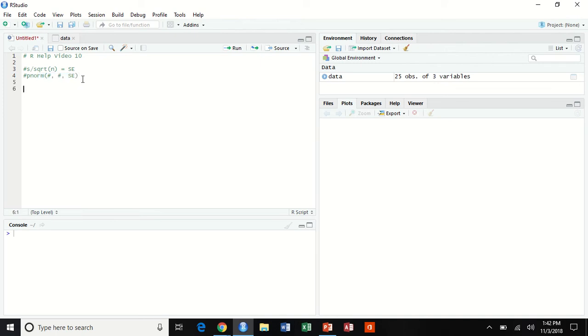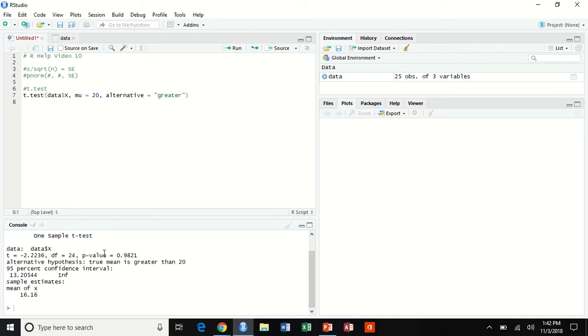So next thing, t-test. To do this, you're going to do t.test. You're going to do data, a column. You're going to set a mean equal to something. And then you'll need alternative equals, and there are several things you can put in. It gives you back t, degrees of freedom, your p-value, and your sample estimate.